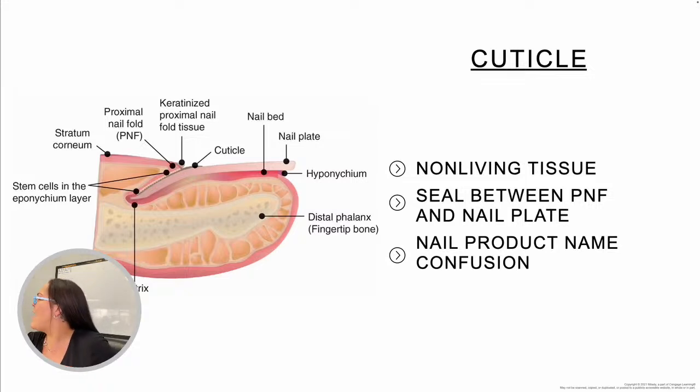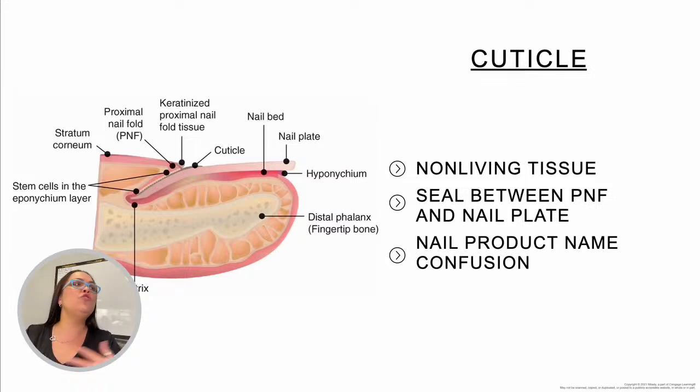Why are we moisturizing something that's dead? Or even a cuticle softener or a conditioner. Why are they called that? It's just a marketing tool, because ain't nobody about to call it a proximal nail fold softener. That's a mouthful, and nobody knows what a proximal nail fold is but you.